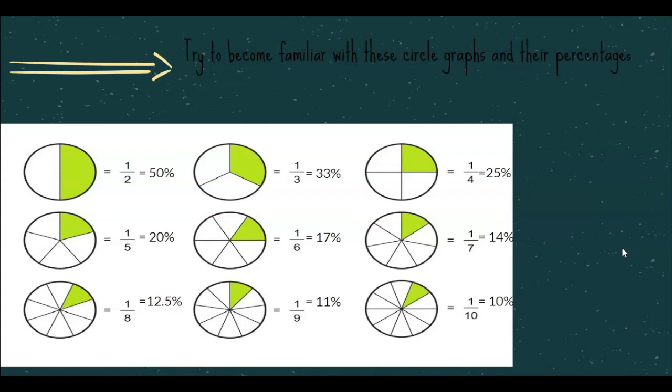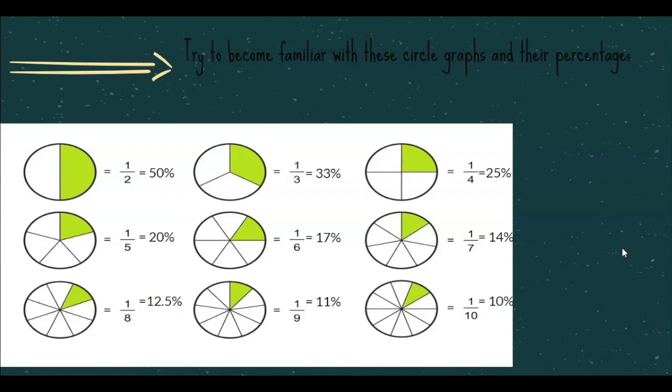Now, it may be separated just like this, or it can be combined within different sections of a particular circle graph. So when we're dealing with a circle graph or pie graph, the total amount within the graph itself is equivalent to 100%. All right. So now if we look at each of these individual circles, they're all broken up into a portion of or a fraction of this 100%.